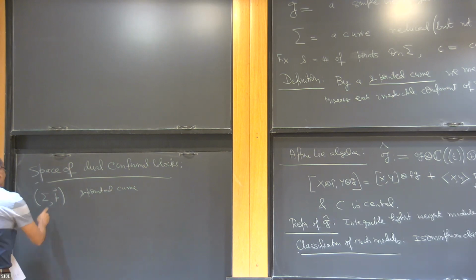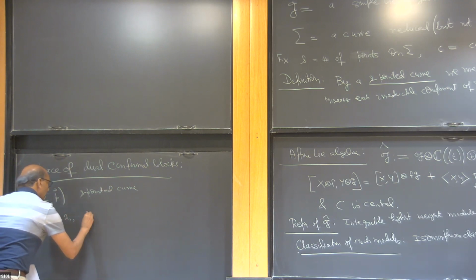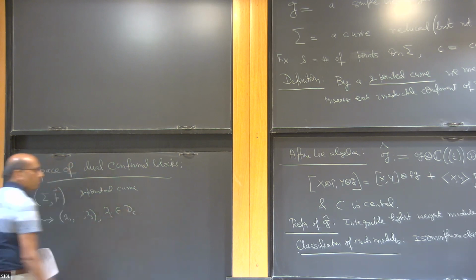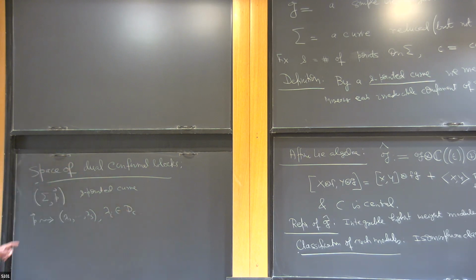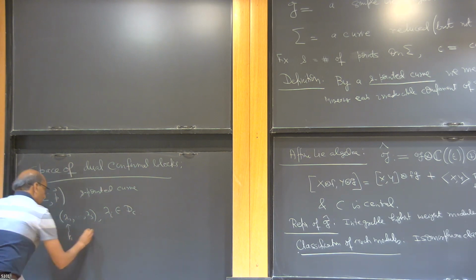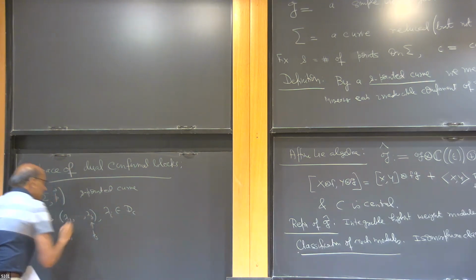And now to those points P, we associate lambda 1 through lambda S, where each lambda I is in the dominant weights. So you should think of lambda 1 as attached to P1 and lambda S attached to PS.